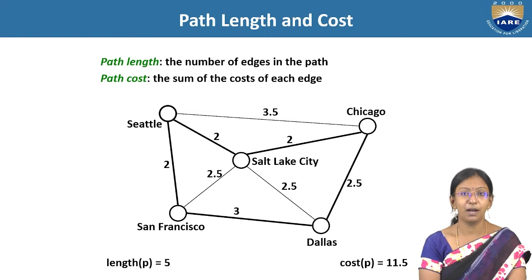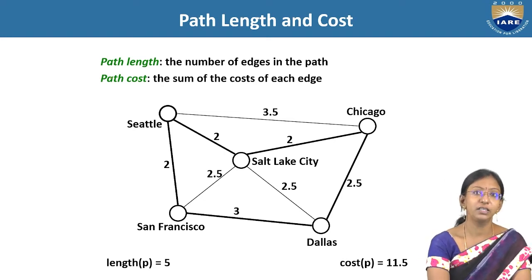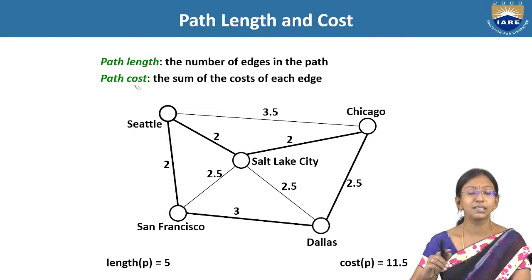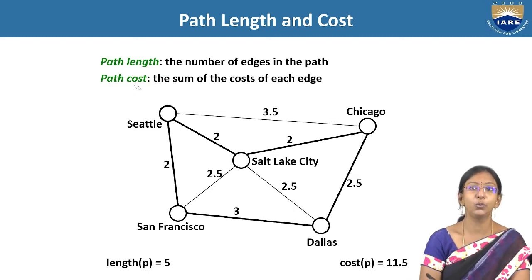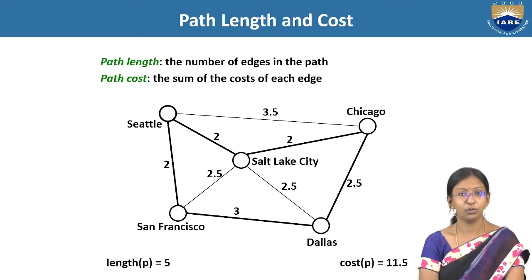Now let's go for path cost. Path cost is only for weighted graphs. Please do remember this, only for weighted graphs. In weighted graphs, the sum of the costs or the weights on the edges of a path is nothing but the path cost.